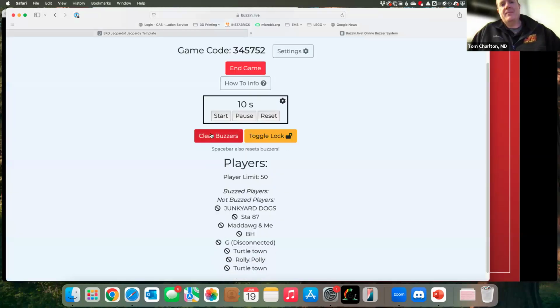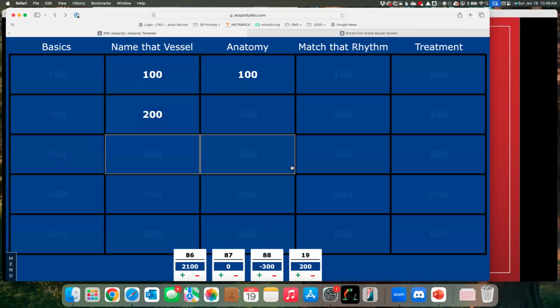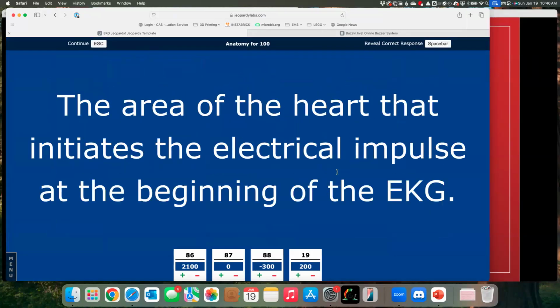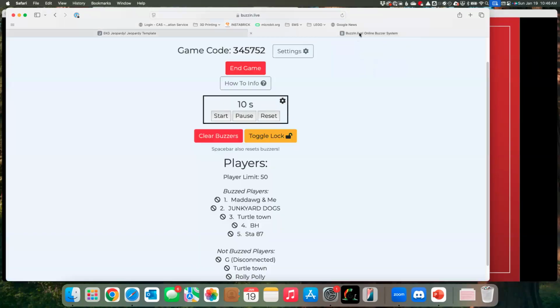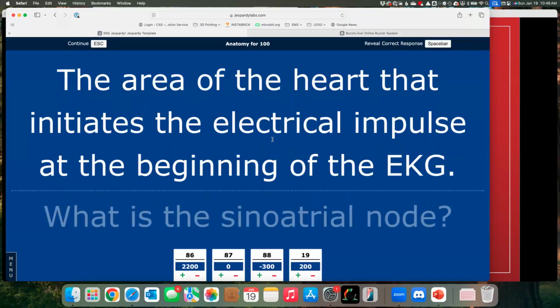All right. I can't remember who got it right last. 86s. Anatomy 100. Mad Dog and Me. What is the SA node? Correct. Oh, yeah.